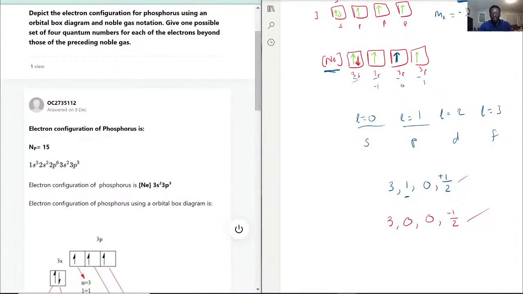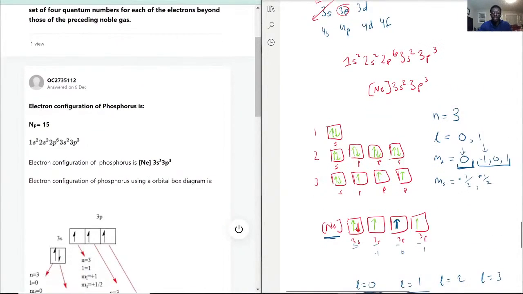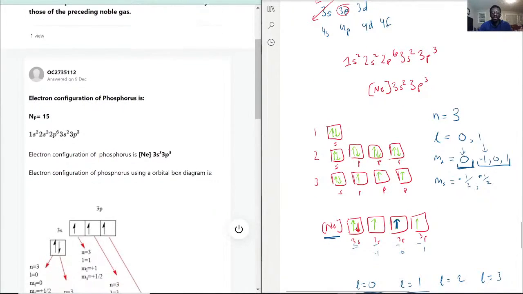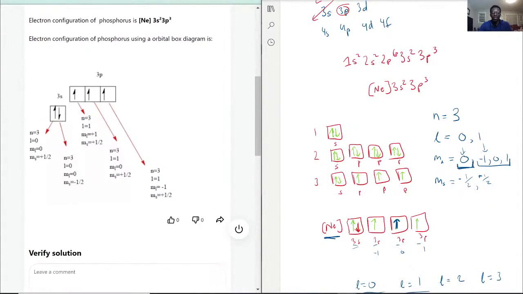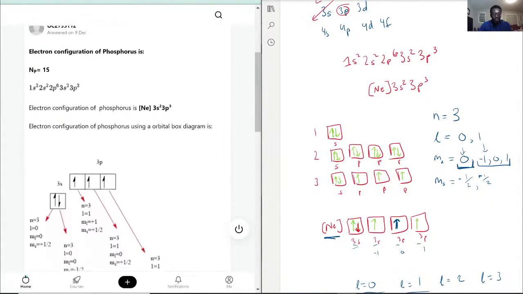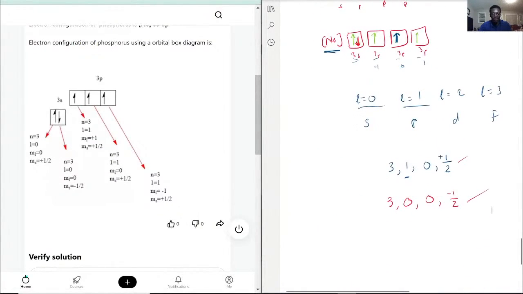As we see, they got the same answer we did when it comes to the full form. And then we have 3s2, 3p3, perfect. They actually were nice enough to list off every single combination. So as you see here, we have 3, 0, 0, +1/2 and 3, 0, 0, -1/2 like we did here.